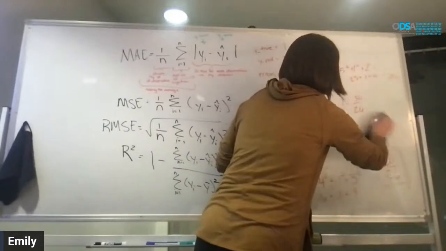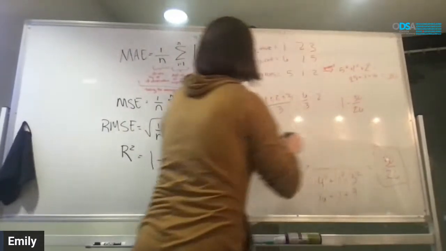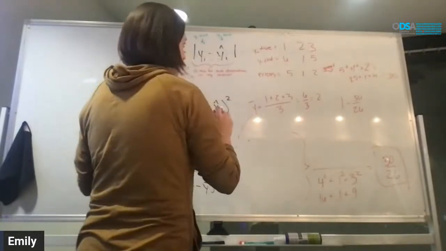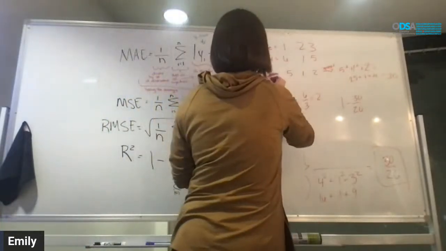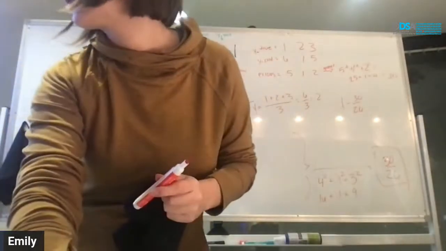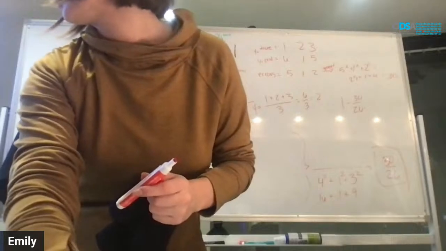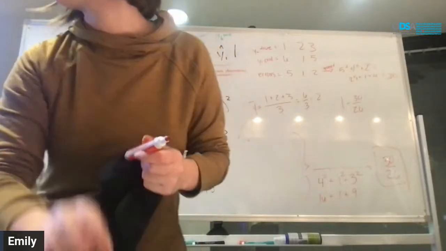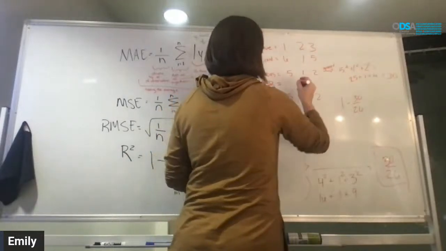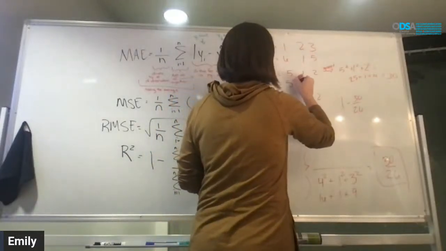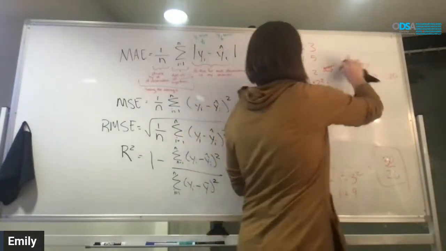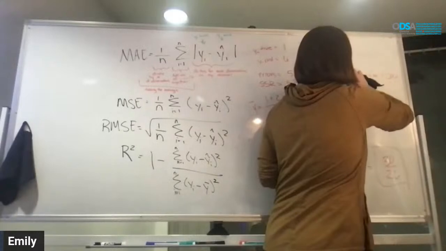Okay, and then we wanted to calculate our denominator. I'm just going to do the sum of squares, SSR and SST. SSR equals 5 squared plus 1 squared plus 2 squared, which equals 25 plus 1 plus 4, which is 30.